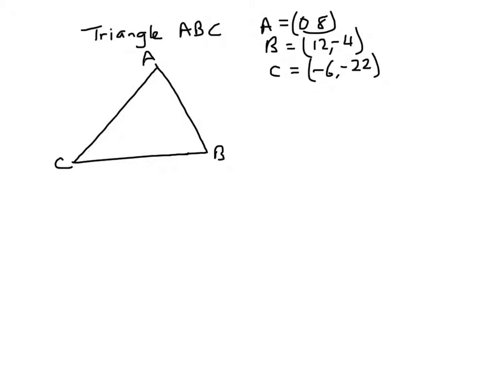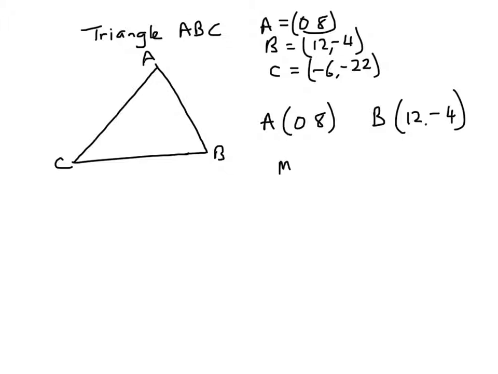For achieved, you really just need to find a midpoint and a gradient and answer a question. So you could find the midpoint of AB. A is (0, 8) and B is (12, -4).